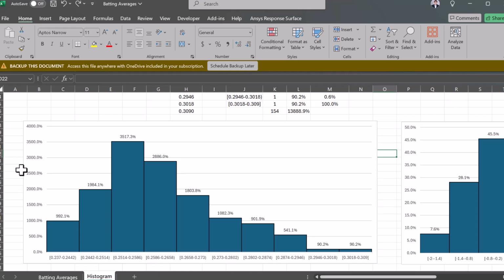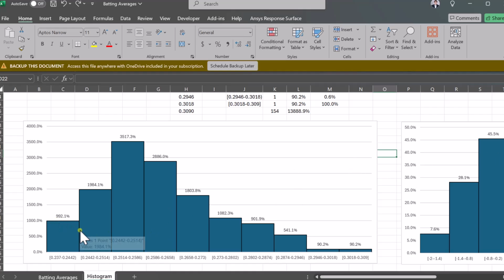The density scale is these really high numbers, and so I thought that was not very intuitive. So originally I just put the percent, but I put the density scale back just to show you going from the original units to standard units with a density scale. If you want to know the percentage of data points in this bin here, you take 992.1 and multiply it by the bin width.